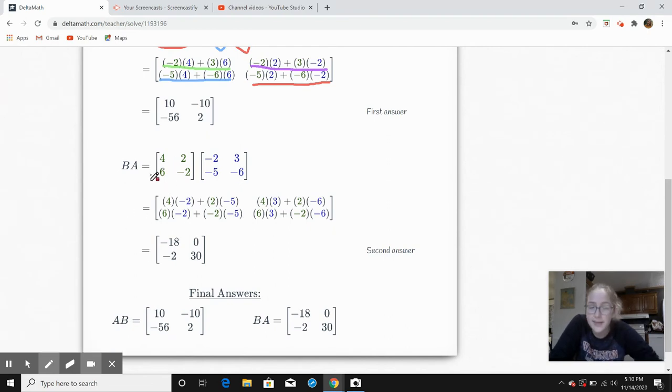But you're going to do the same thing here. We want to do B times A. Not commutative. You're not going to get the same thing. To get this one, it's this row times this column, and so on and so forth. I'm not going to draw them all again.